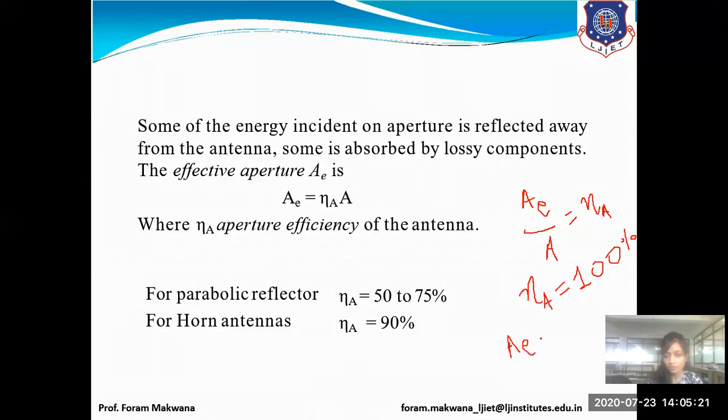AE is equal to... so we can say that the aperture efficiency of the antenna, eta A, is represented as AE upon capital A. If we are considering the parabolic reflector, then its aperture efficiency is 50 to 75 percent.